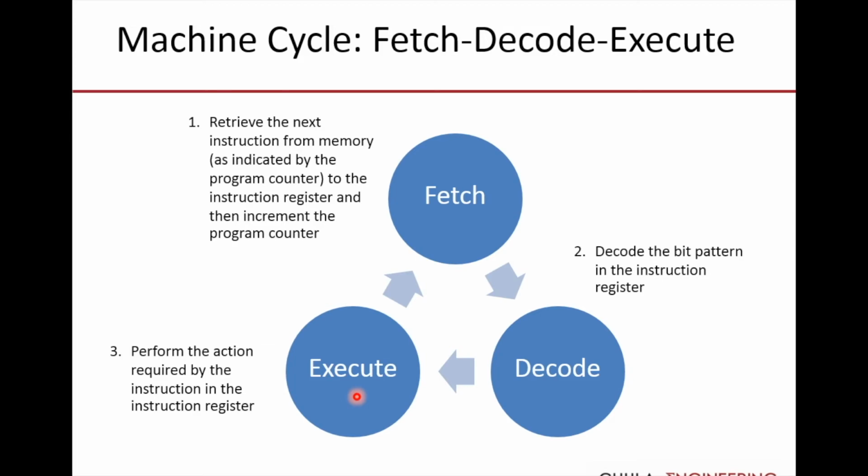Once the instruction execution is done, we repeat the cycle by fetching the next instruction, decoding it, and then executing it. This cycle is repeated until we meet a special instruction called halt. The halt instruction stops the execution.